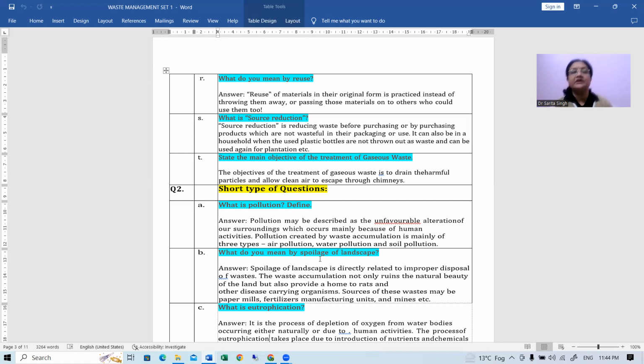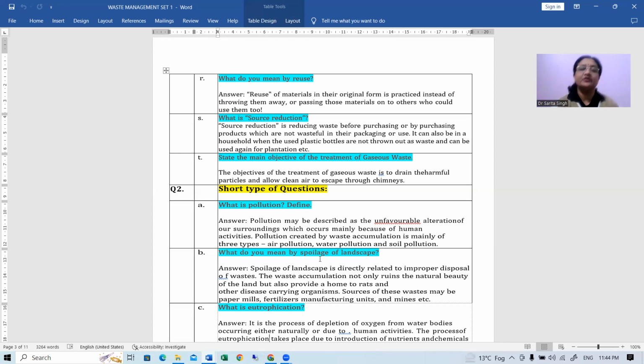It can also be in a household when the used plastic bottles are not thrown out as waste and can be used again for plantation, right? So again, we are talking of the same thing. That means we are reducing the total waste which would have been generated otherwise. So we have minimized the waste at its place of origin only, right?